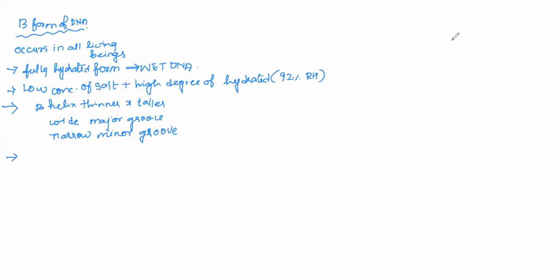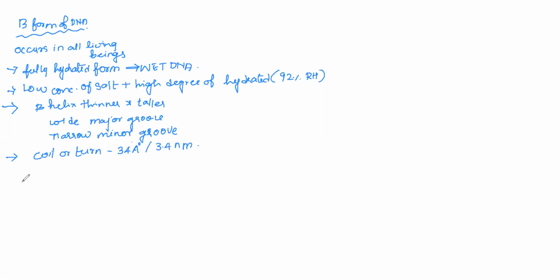Each coil or turn measures 34 angstrom, or you can say 3.4 nm.